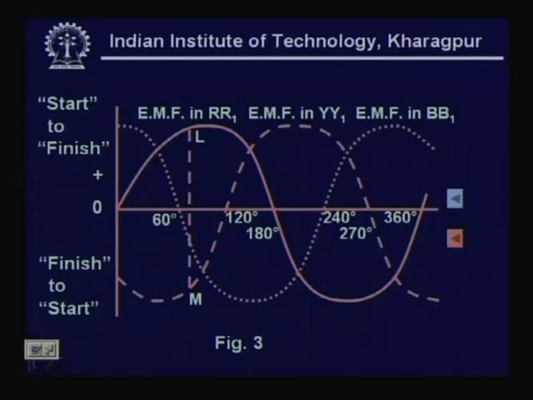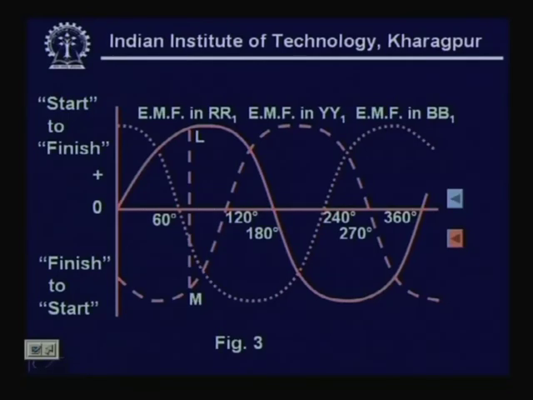There is a time difference between each of these in reaching their peak and the 0. RR1 begins at 0 and reaches the first 0 at the end of the half cycle at 180 degrees electrical, which is proportionate to 10 milliseconds in a 50 Hz system. And what do we find?